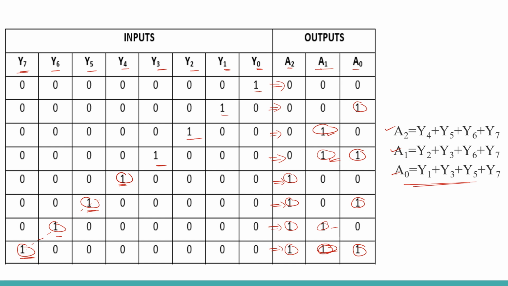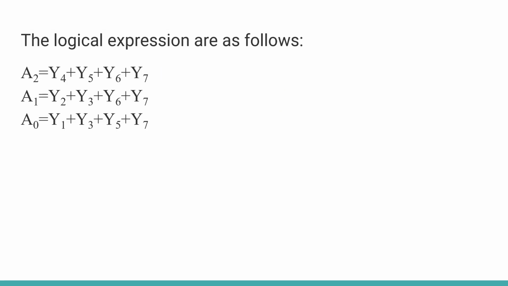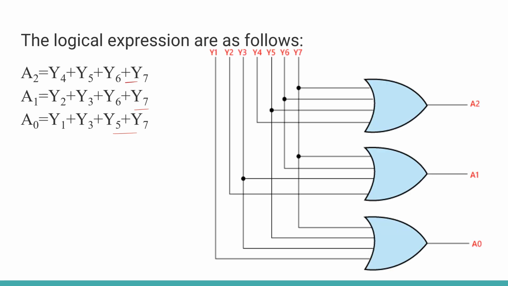Then we will go for the corresponding design diagram. The same equations of A0, A1, A2, their respective diagram is this. So now here see A2, A1 and A0. Simply all these outputs are coming from OR gates. For these OR gates, the inputs are their respective inputs.